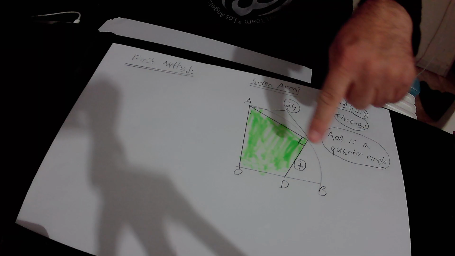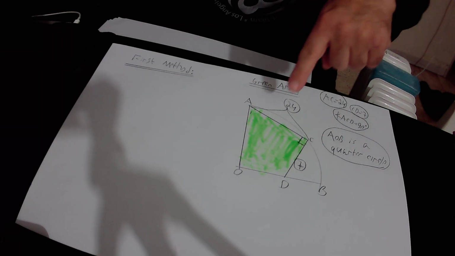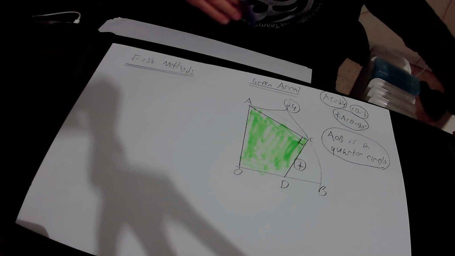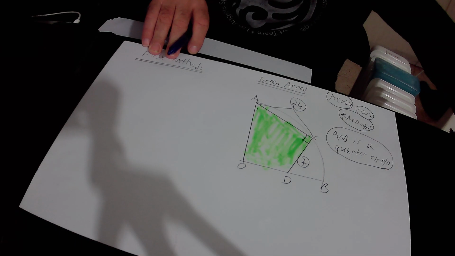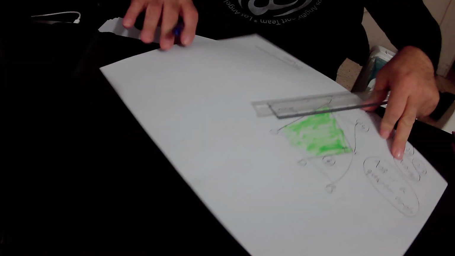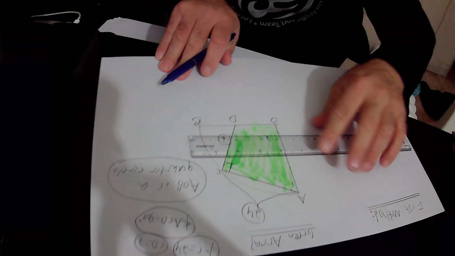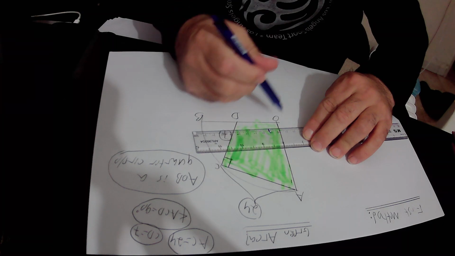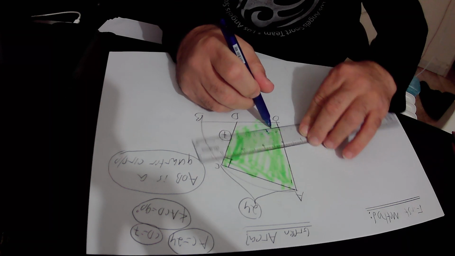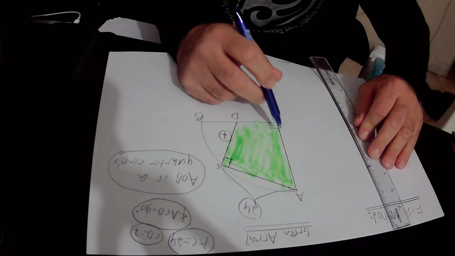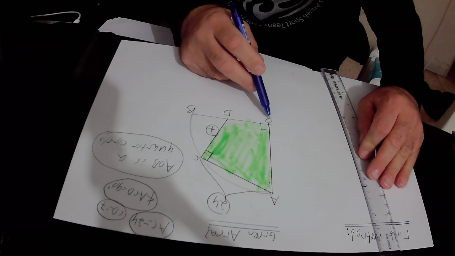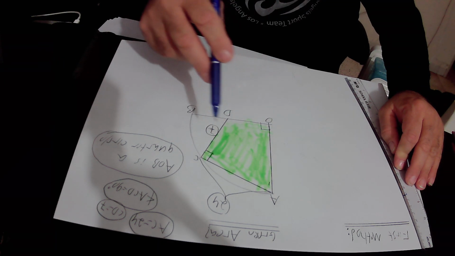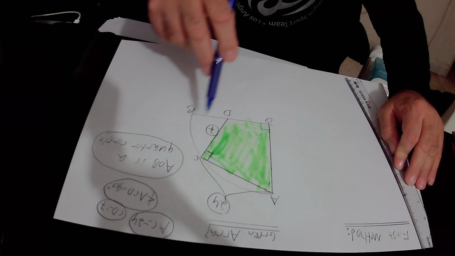Because AOB is a quarter circle, this angle AOB equals 90 degrees. And point O is the center of the circle that we can create by completing this quarter circle to a circle.